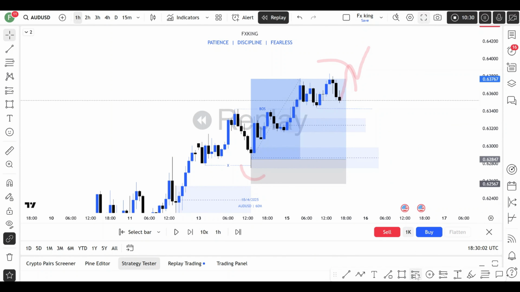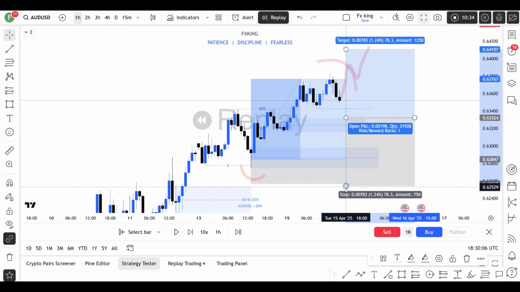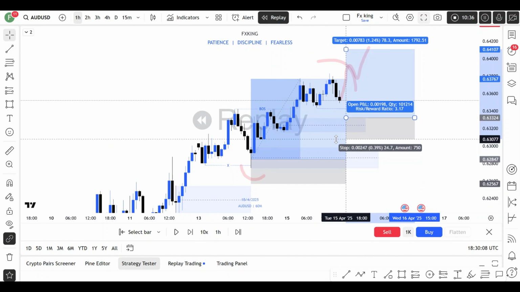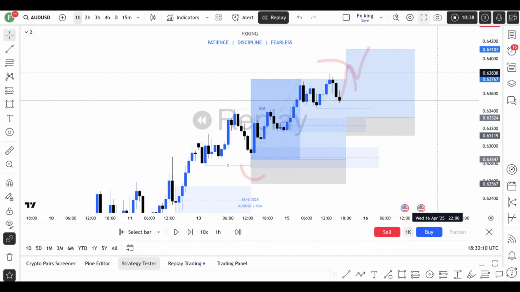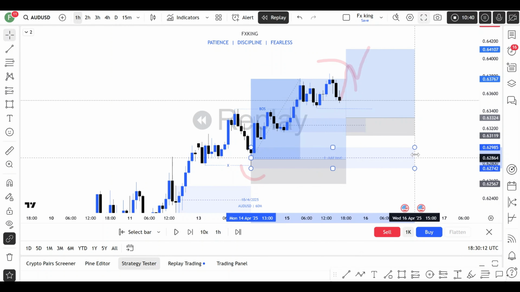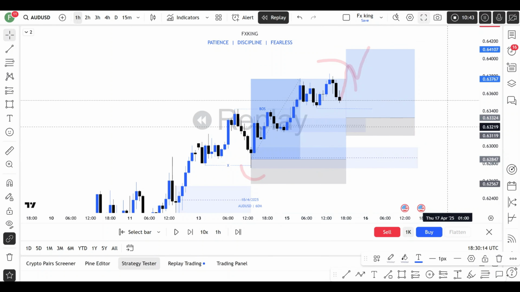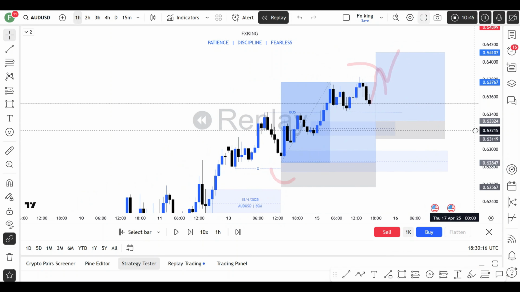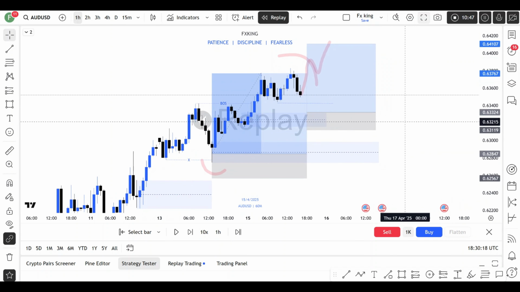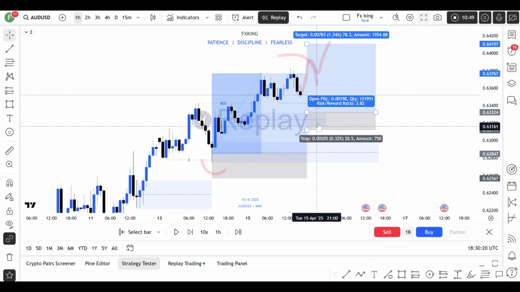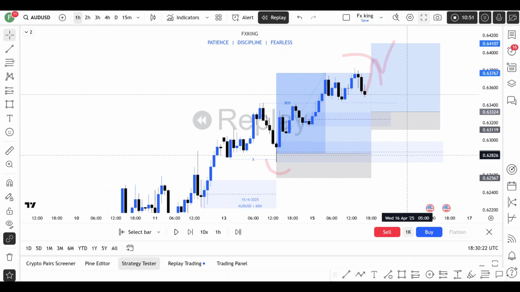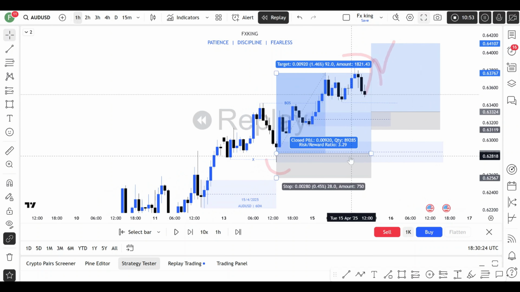So these are the two zones we'll be looking to buy from, right? There are two ways you can do this. You can either go in aggressively here, or you wait for confirmation, right? This decisional POI here has a 50-50 probability of working out. So if this zone happens to fail, then you can still buy off this zone here, right?